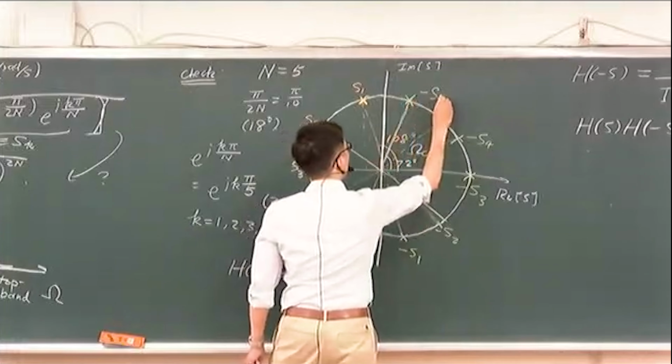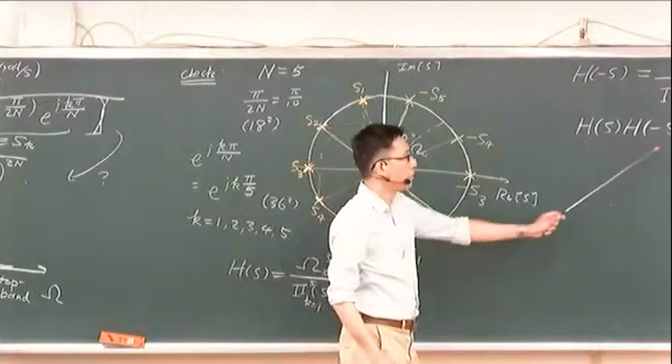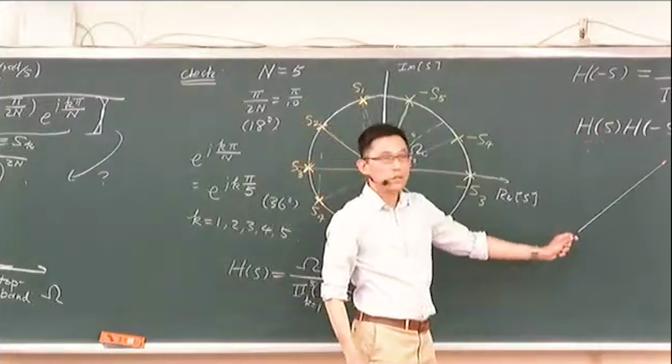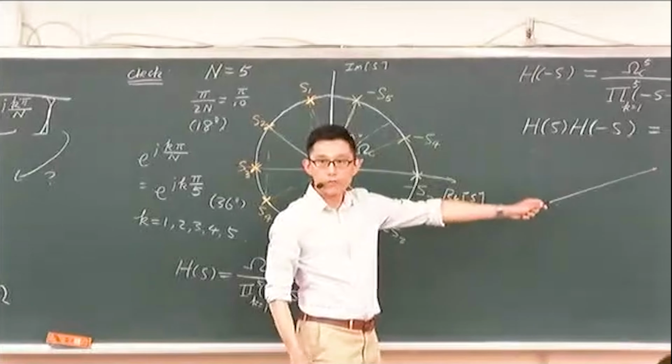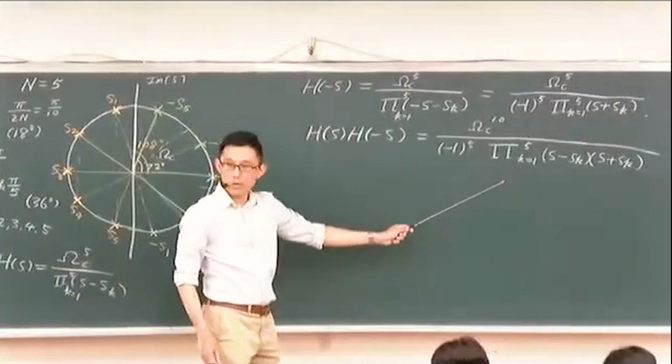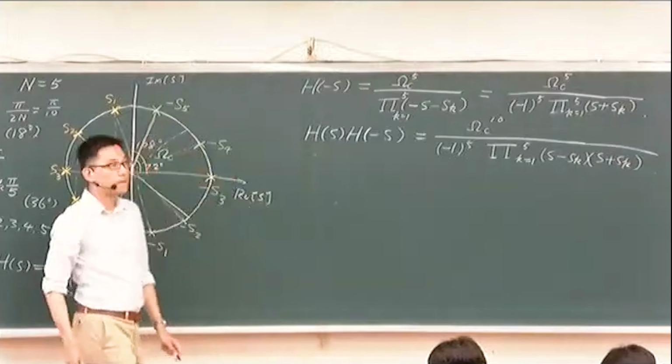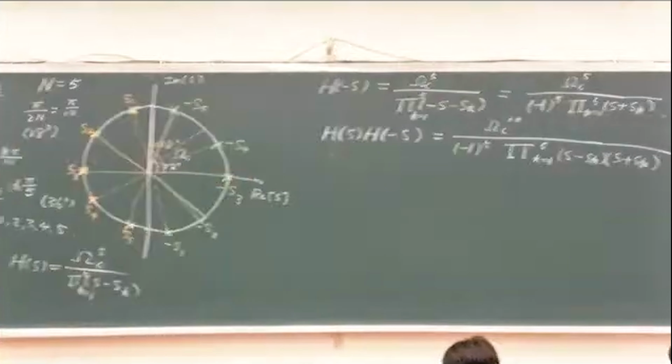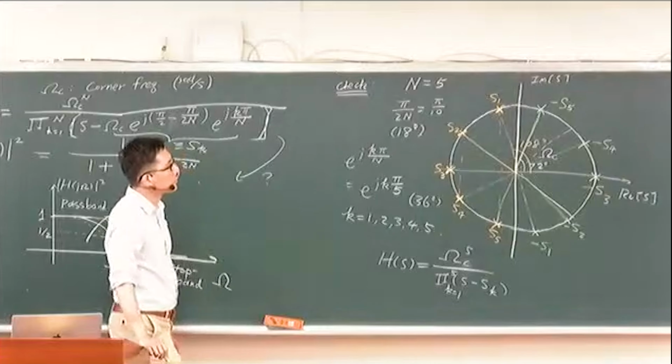Now, when we take the product of these two functions, the entire thing is also a fractional expression, and the denominator has 10 roots. Okay?